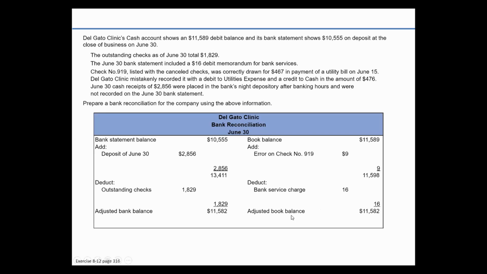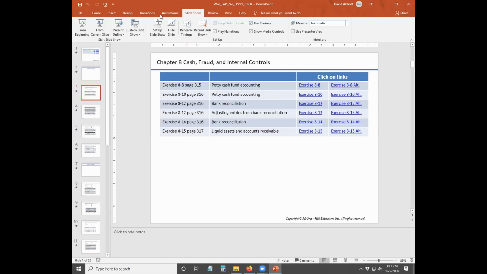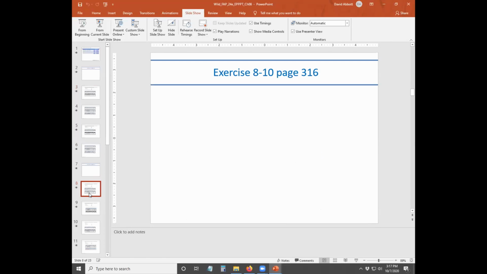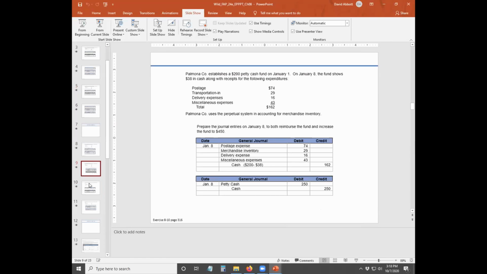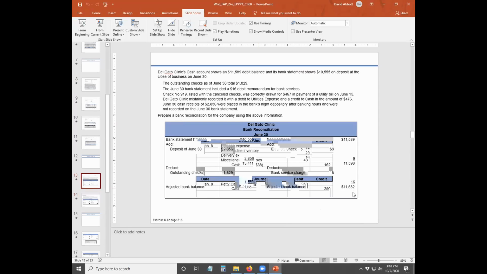So then our adjusted book balance is 11,582. Let me go back. Pardon. Well, here, I'll just show you here. It's this one. You notice then that both of these balance.